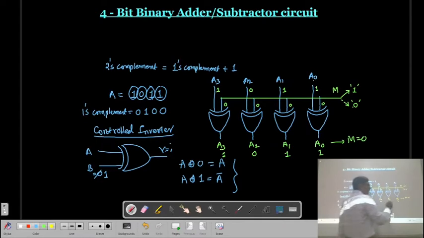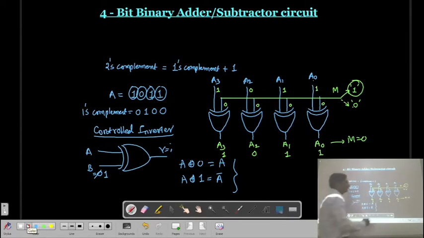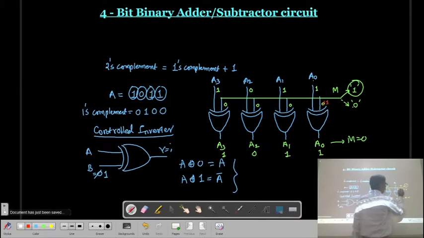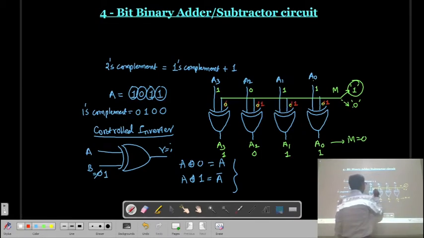But when this switch is connected to a high level, we have 1, 1, 1, and 1. Now you can see 1, 1 input, so output is going to be 0. Again 1, 1 input gives 0. 0, 1 input will be a 1, and again 1, 1 input gives 0.